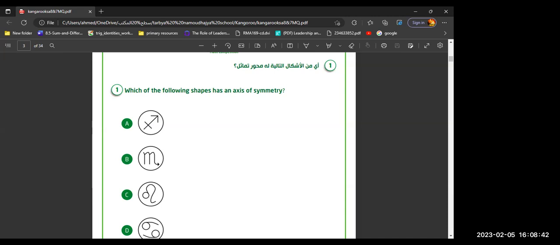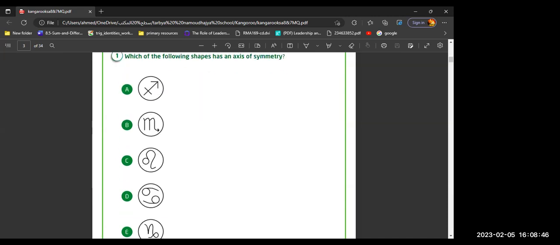Think about it. Mister, is it D? Then who wants to answer? Two participants raise hands. Okay, so Asir. I think it's D. Again, Asir.